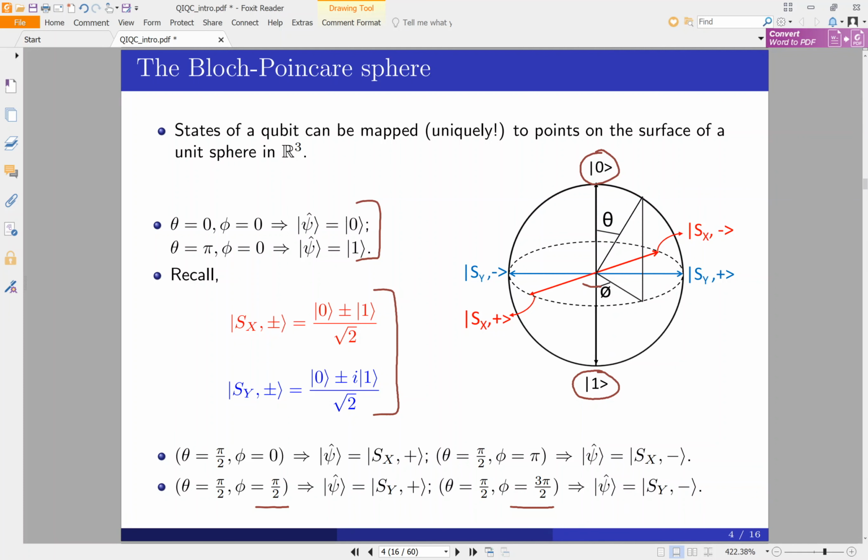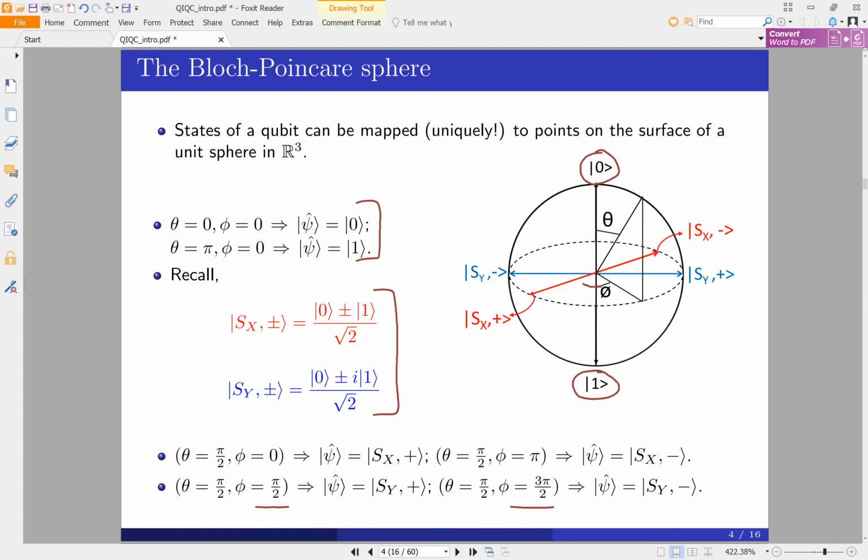But a quantum bit has access to all points on the surface of the sphere. The state of a quantum bit can explore the entire surface of the sphere, and that's an infinity of states that this quantum bit can explore, as against the classical bit, which can only be in one of these two states, 0 or 1. And it is this idea that gives rise to the so-called power of the quantum bit.